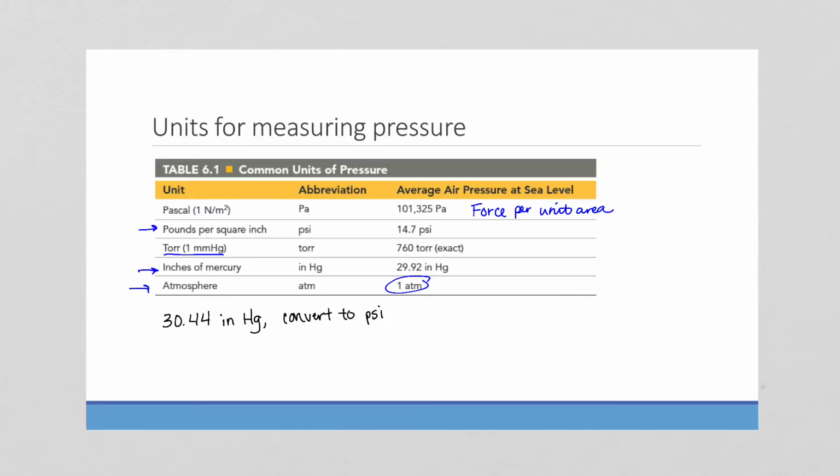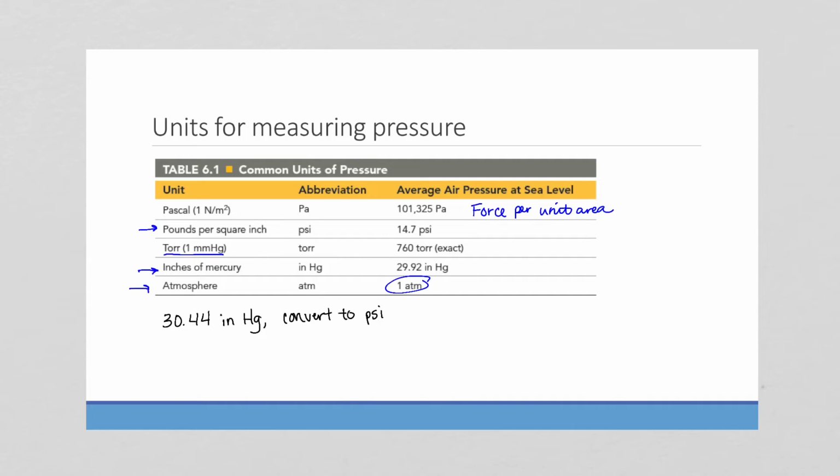So in this example, we have 30.44 inches of mercury, and we want to convert it to PSI. So we look here at our conversions, and we see that the average pressure at sea level is 29.92 inches of mercury and 14.7 PSI. So those are equivalent measurements.